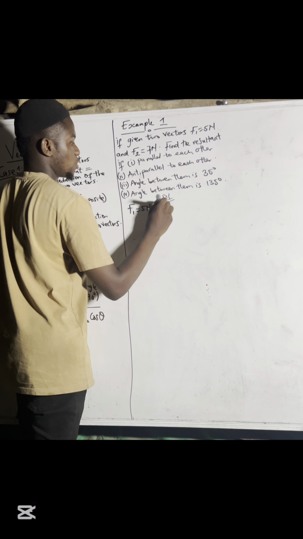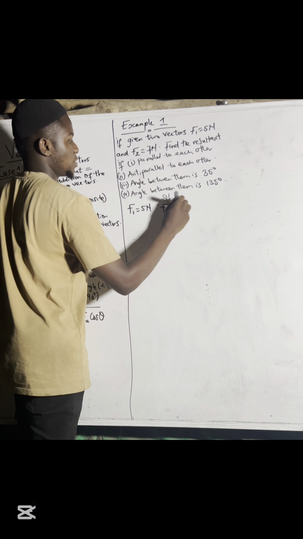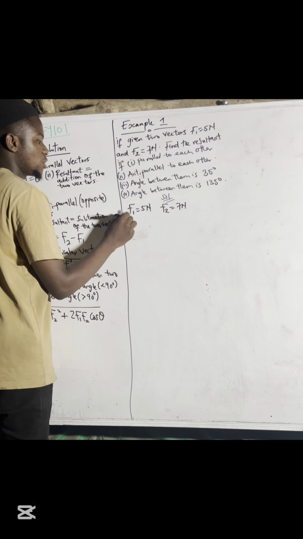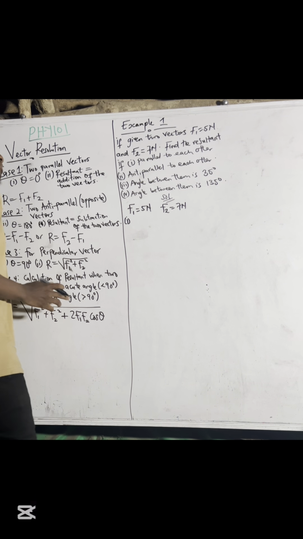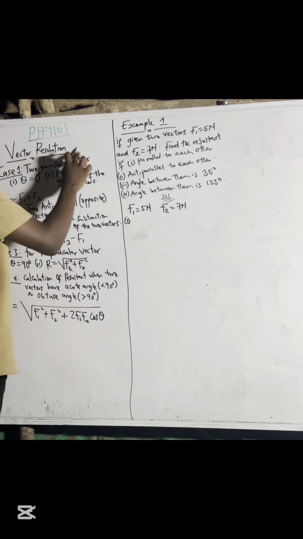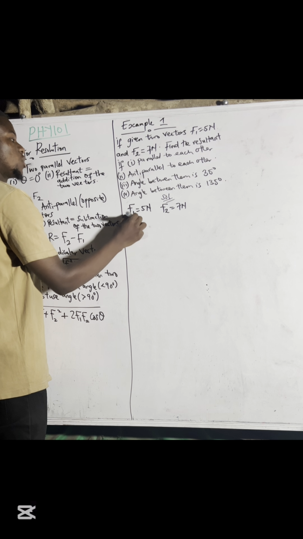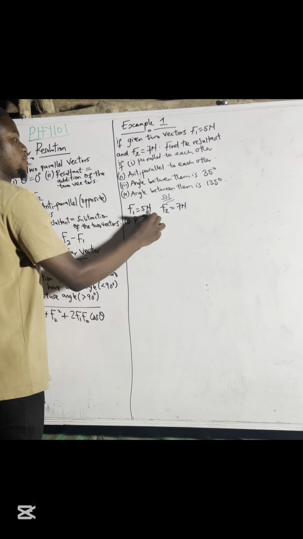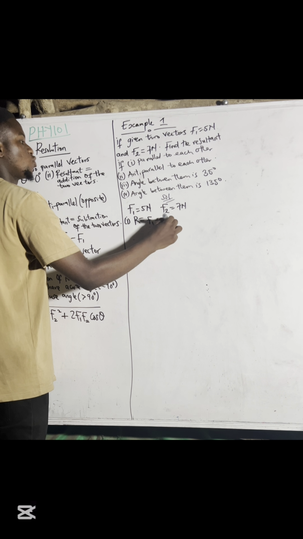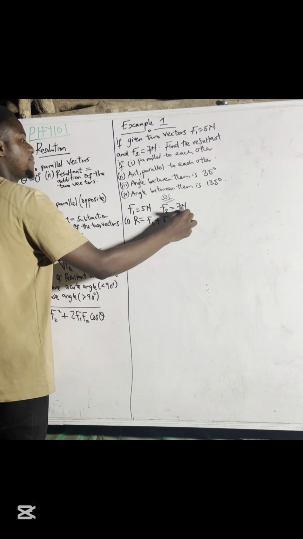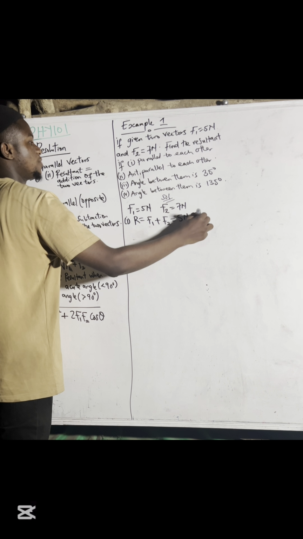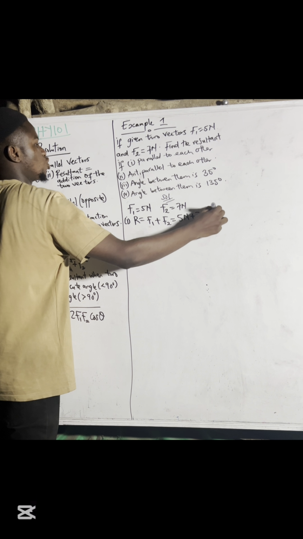The second force, F2, equals 7 Newton. So we are looking for resultants if they are parallel. Guys, if they are parallel, the resultant of the two forces is going to be the addition of the two. So the resultant is going to be F1 plus F2. That equals 5 Newton plus 7 Newton. And that equals what? 12 Newton.